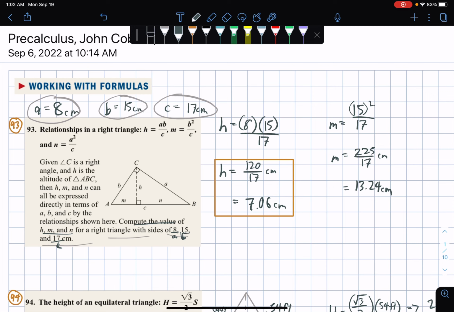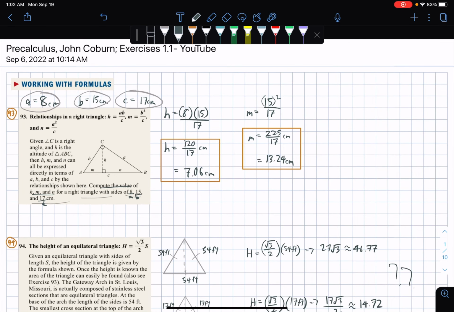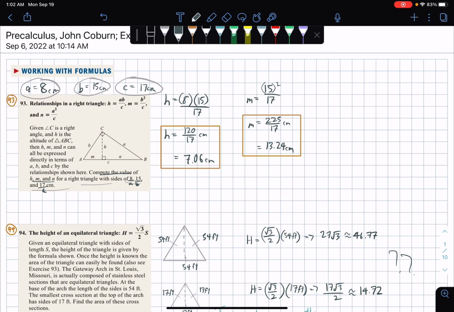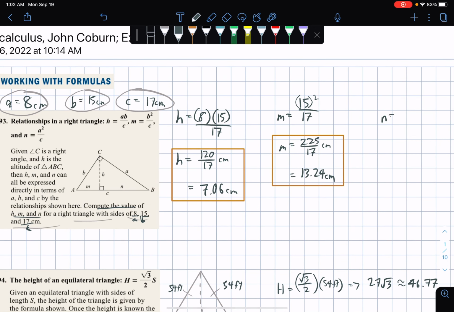I don't know what form of final answer your teacher would want. Could be either a fraction or a decimal. Whatever suits what your teacher wants, do it accordingly.